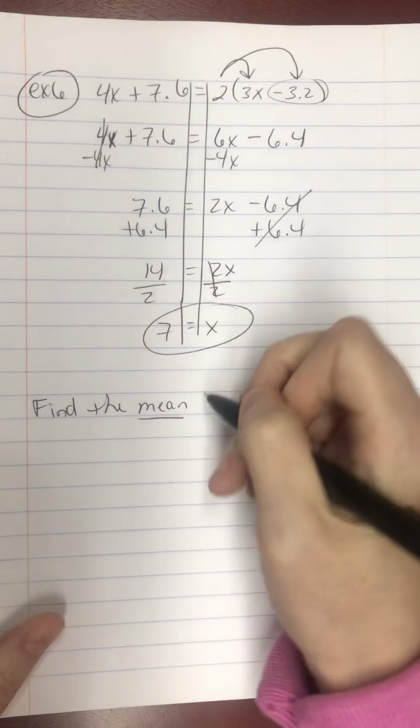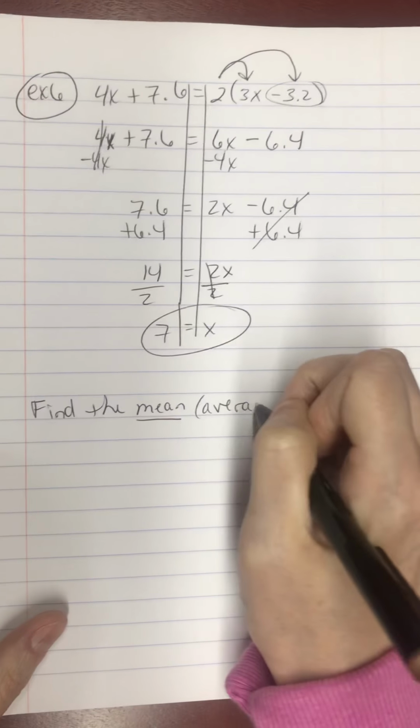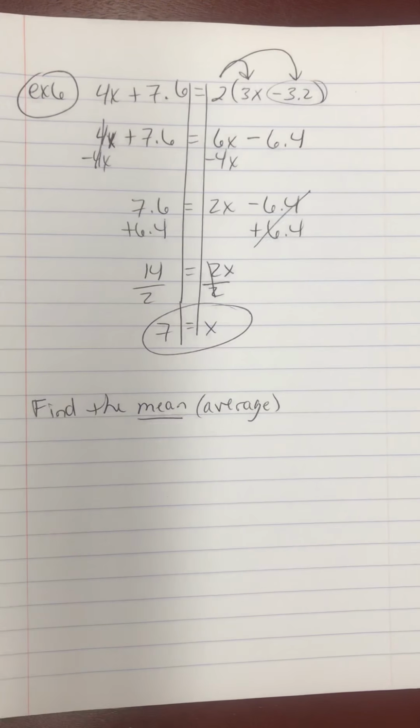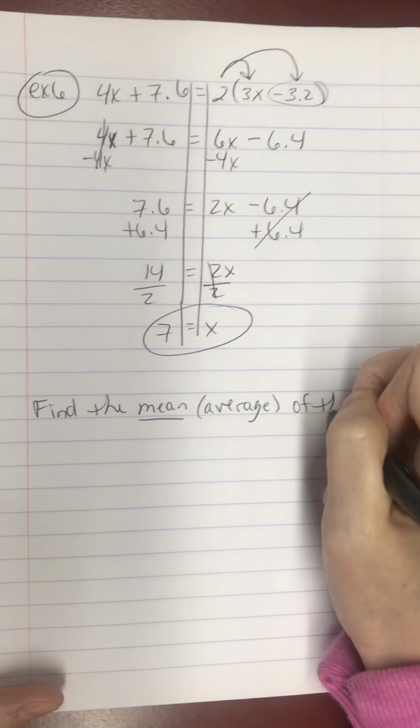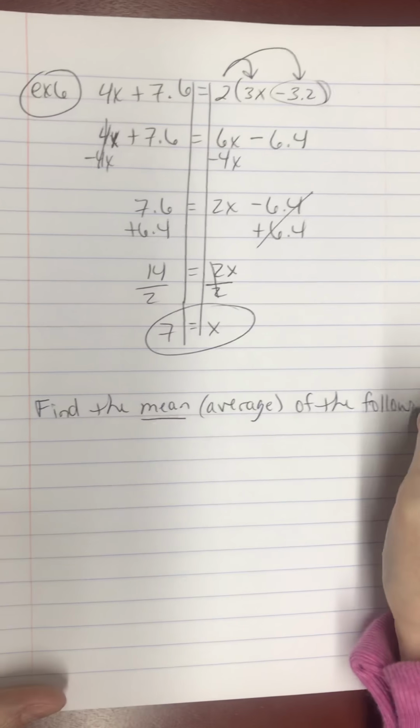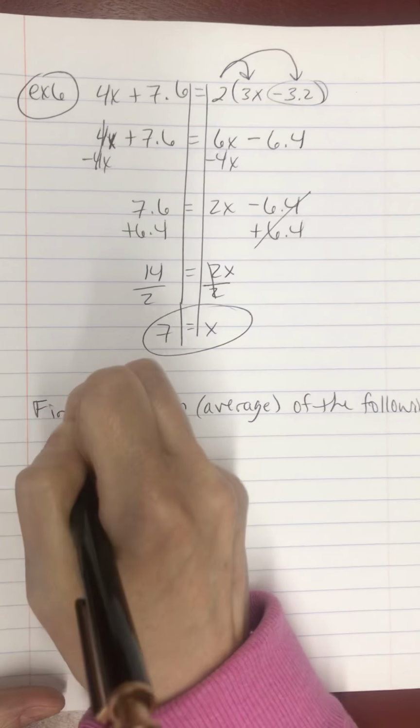Find the mean, it means the average. You might remember studying years ago mean, median, and mode. Okay, well, the good news is we really only need to discuss the mean in this class. And it just means you're finding the average of the following numbers.